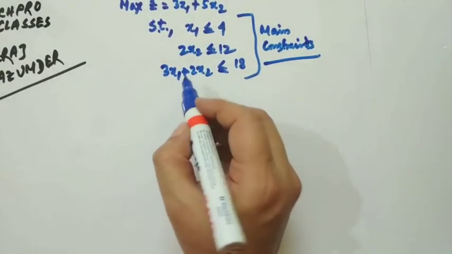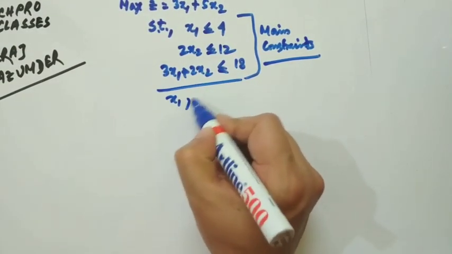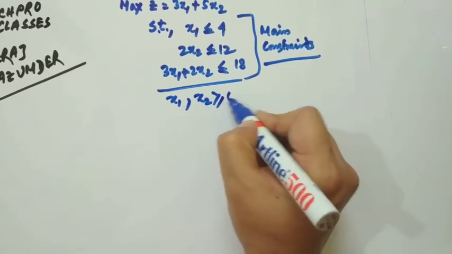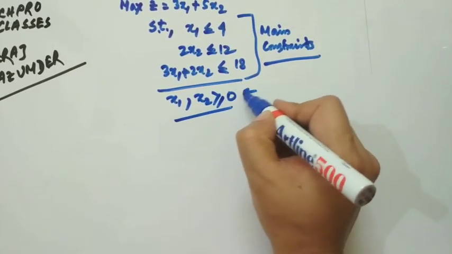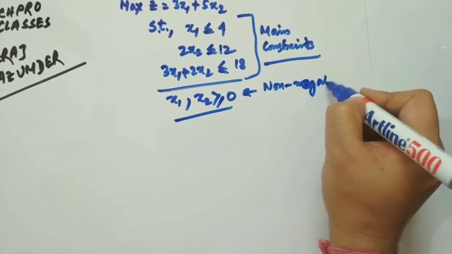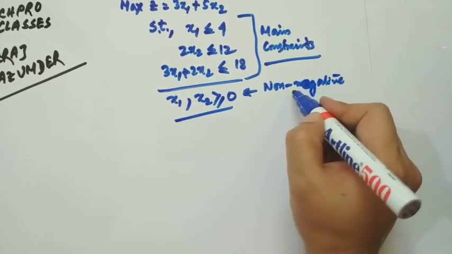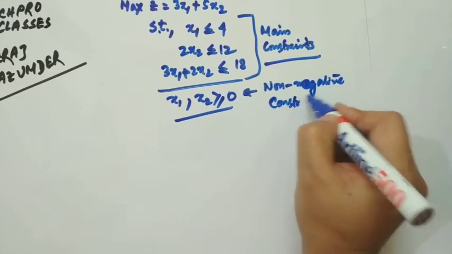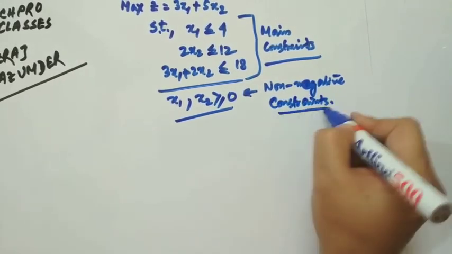Again you can write x1, x2 greater than equal to 0, which is known as non-negative constraints.